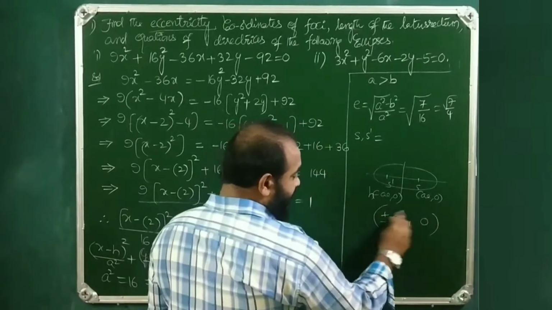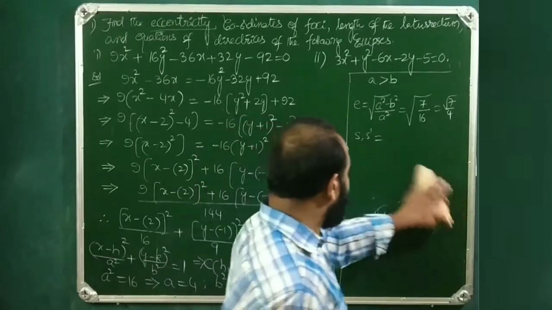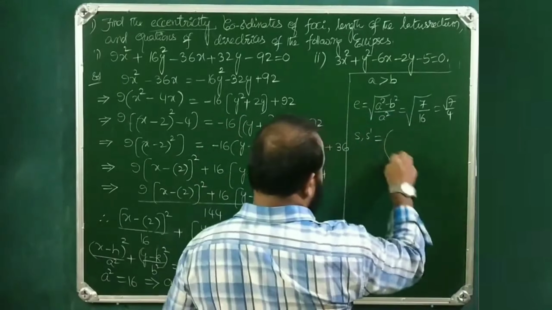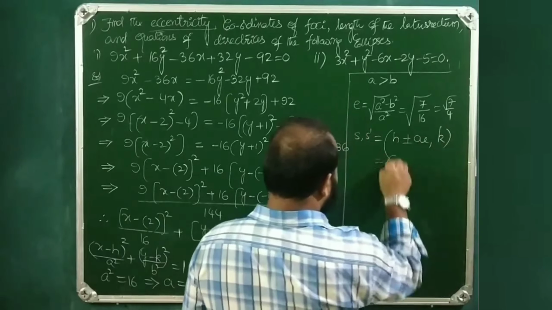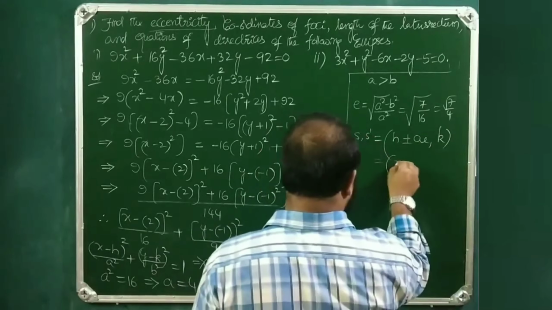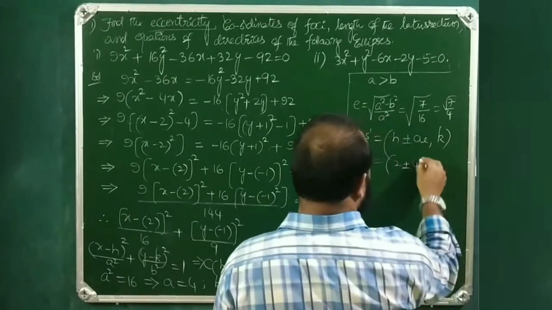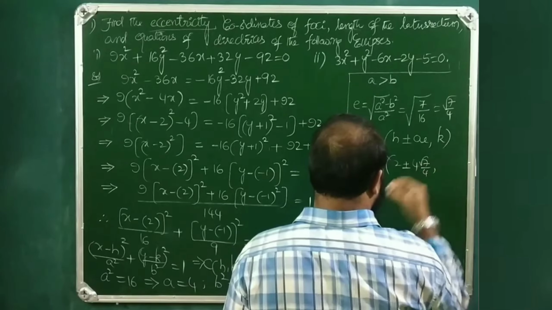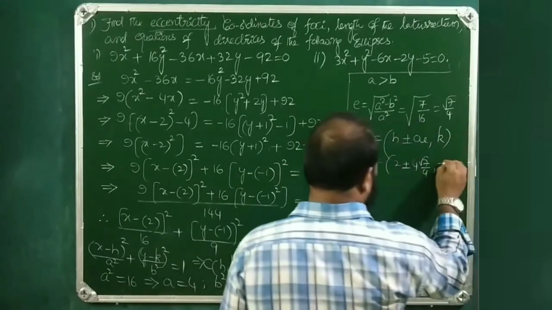For this, H and K will be added. So let us write here H plus or minus AE comma K. H is 2 plus or minus, the value of A is 4, E is root 7 by 4, comma K value is minus 1.